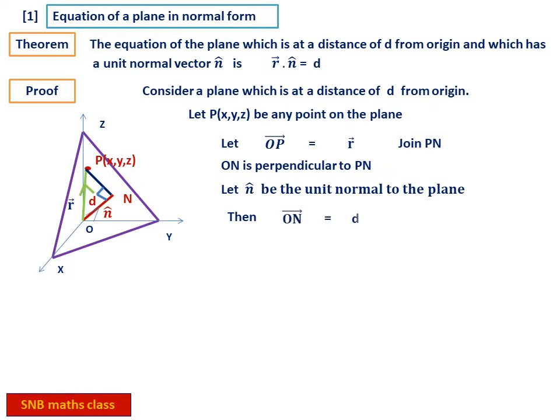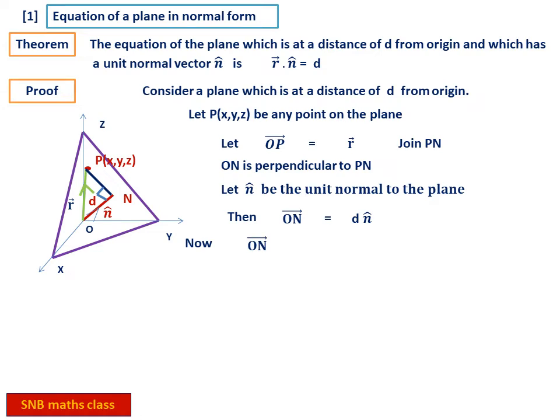Then see here, ON will be equal to d times n, because n is the unit normal. Therefore it is along the line segment ON. By definition, as we have seen in vector scalar multiplication, the vector ON will be equal to d, that is the distance, times n. n is the unit normal along the same direction.